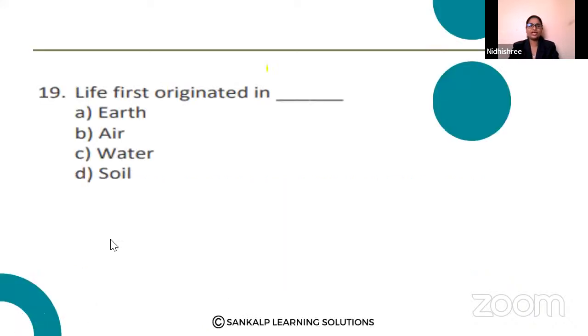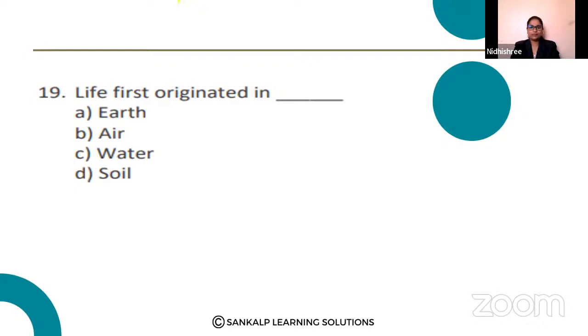Life first originated in: option A, earth; option B, air; option C, water; option D, soil. Kanchana Raj, option C. Harshita, option A. Prema, C. Deepti, Lohit, Parvati, Kumar, Varsha, Pallavi, Sunidhi, Chandru, Rakshita, Lakshmi.